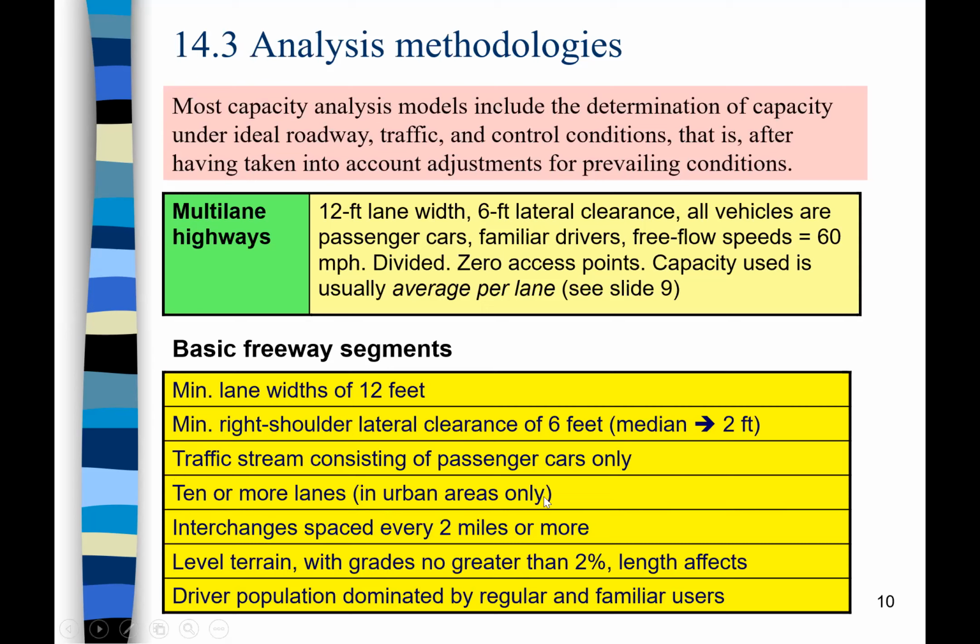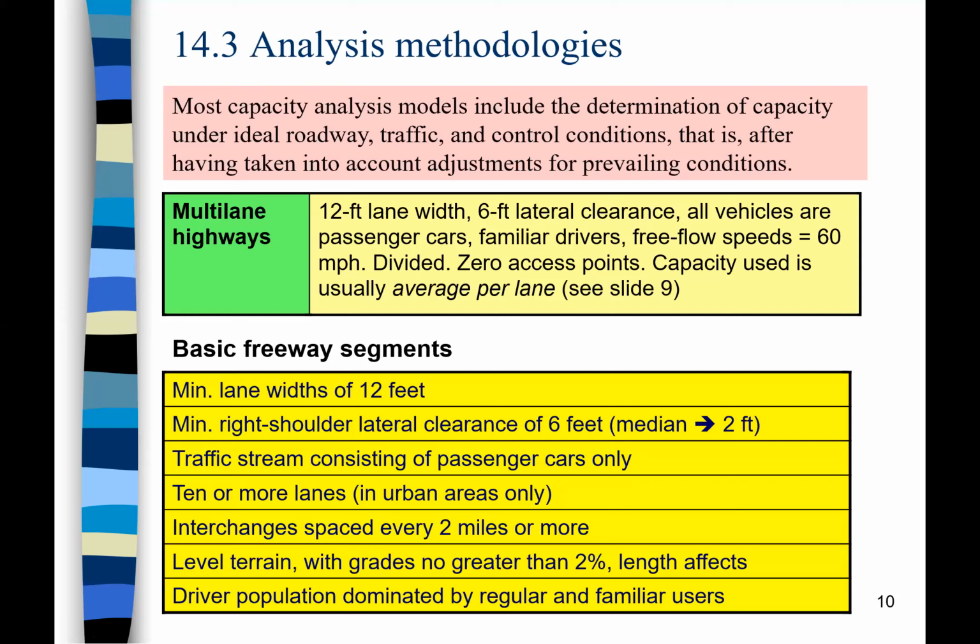In urban areas, it contains 10 or more lanes. Interchanges: the density of interchanges would need to be 2 miles or more. Okay, once every 2 miles. You can say 2 miles apart.